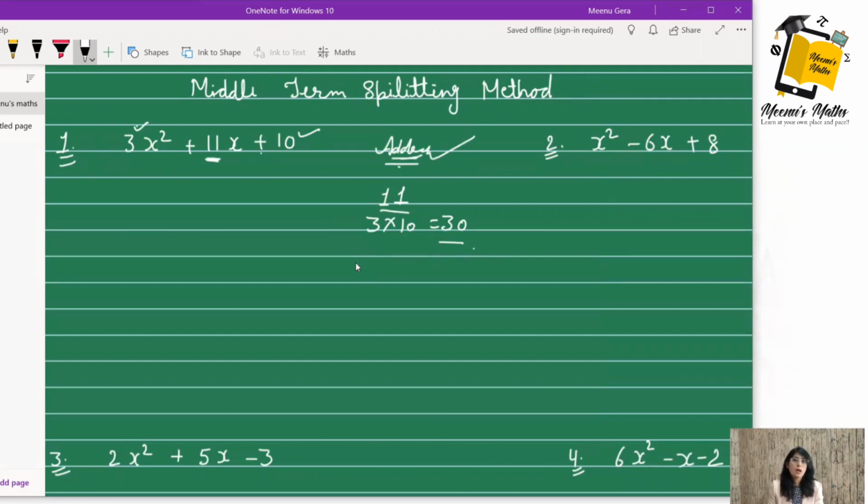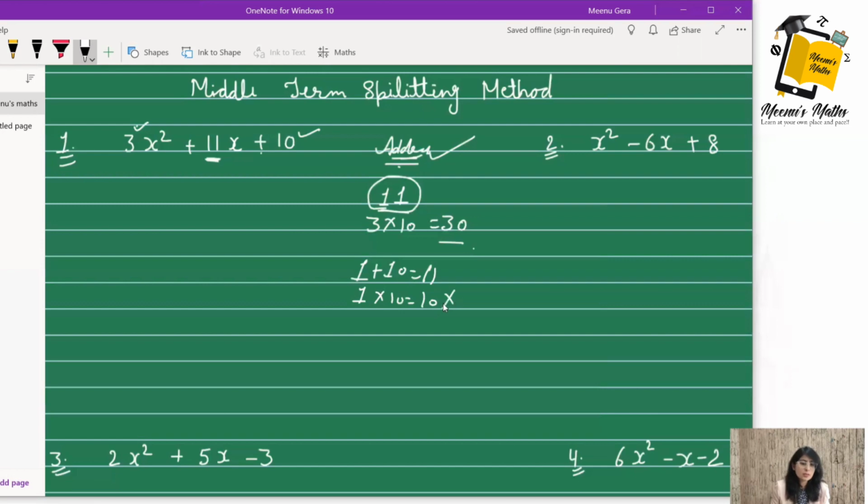Now how to think? Just start splitting 11. If you find directly the numbers whose product is 30, then it's very fine. But if you are not getting the numbers directly, just do like this. Take 1. We know that 1 plus 10 is 11, and 1 multiply 10 is 10.